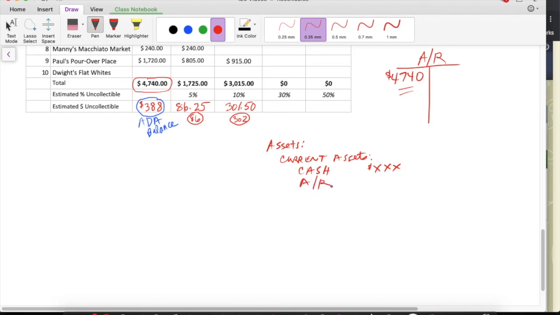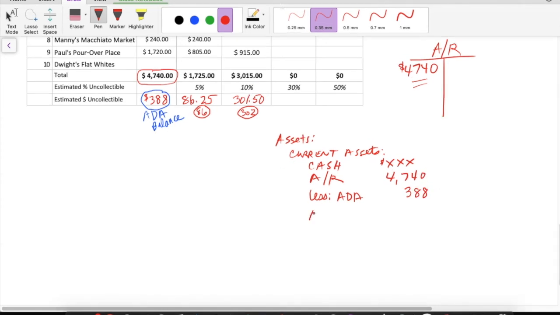Then accounts receivable, $4,740. After my accounts receivable, I'm going to subtract the amount of allowance for doubtful accounts, which was $388. And that's going to leave me with accounts receivable, net of my allowance, of $4,352.